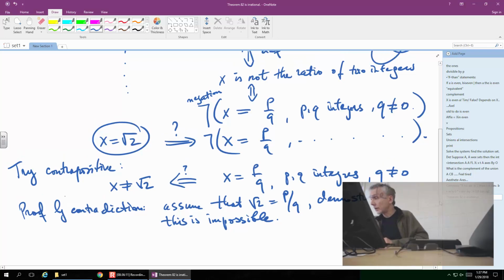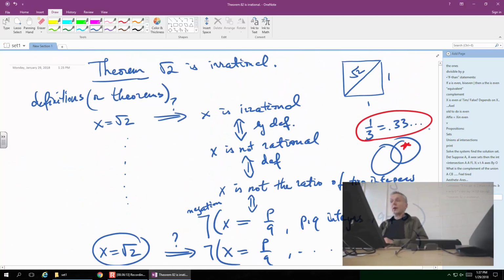Let's just forget about this. This is the conclusion. This is the theorem at the top: if x is equal to the square root of 2, then x is irrational. Let's just, for exercise, ask what is the interpretation of the statement in terms of sets?